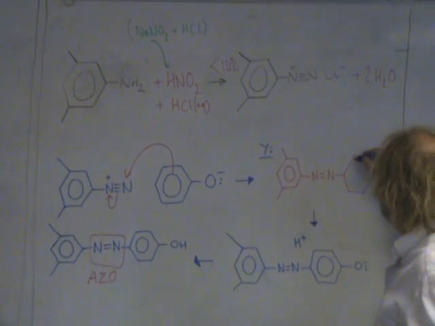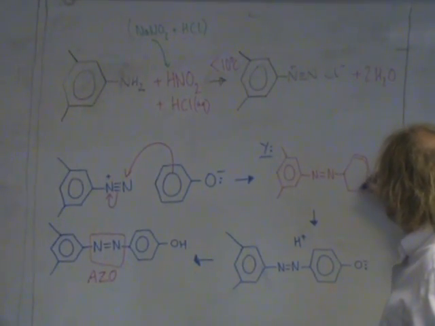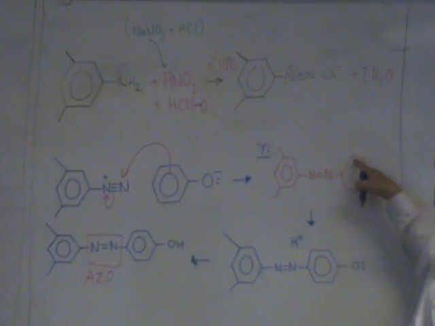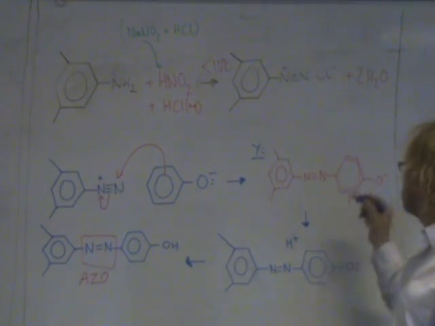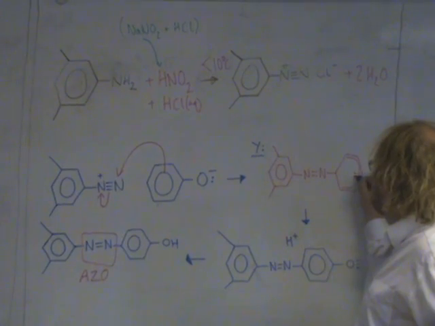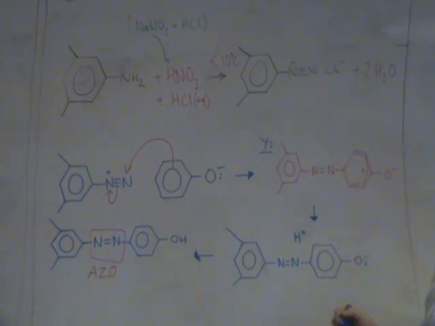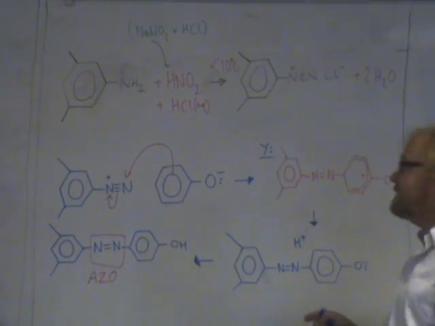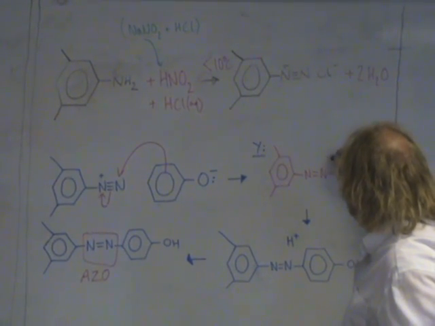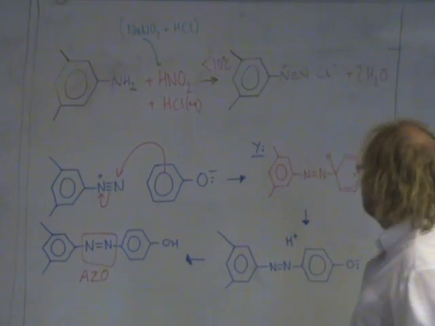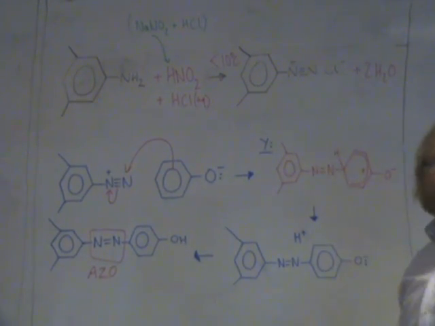So now we have this kind of intermediate. Okay, 4 pi electrons spread over 5 carbons. So we're an electron short, that has a positive charge. Okay, so remember you've got to be able to draw that sort of intermediate, and the hydrogen that was at that carbon is still there, it hasn't broken away yet, so you draw that on as well. Okay, so that's what you should have for Y.